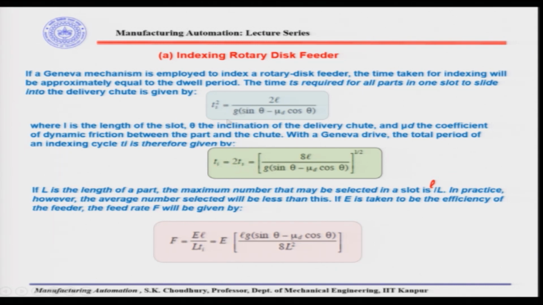Therefore, 2 Ts, that is the dwelling time plus the indexing time, will give you the complete time, and this is equal to the square root of 8L divided by g sin theta minus mu d cos theta. Now, this is the minimum time, and the maximum feed rate we can get, and that multiplied by the efficiency will give you the mean feed rate of the feeder. So, this we have discussed.